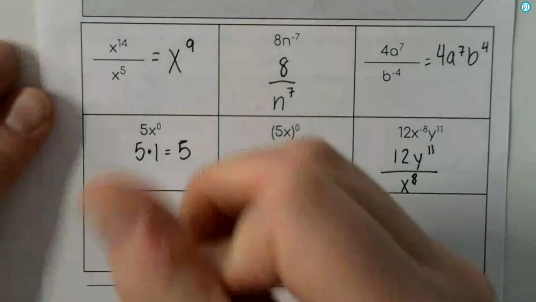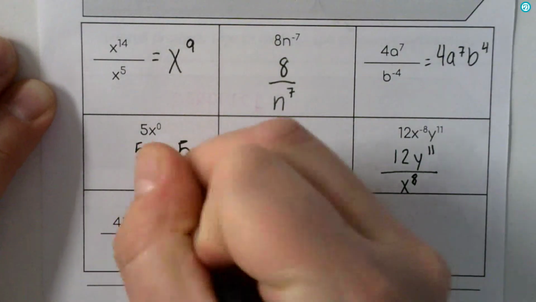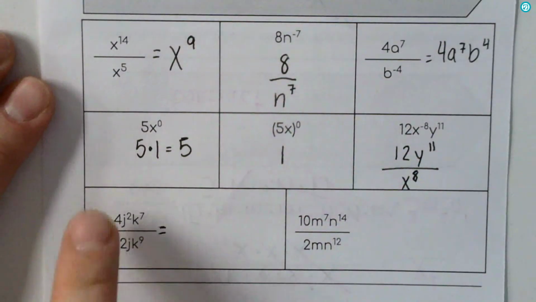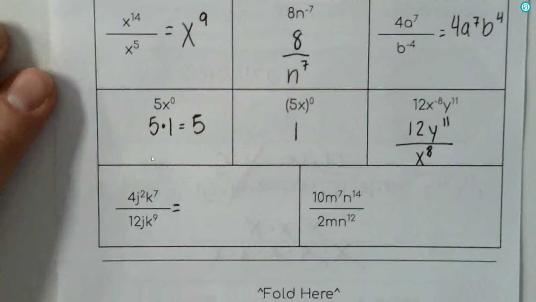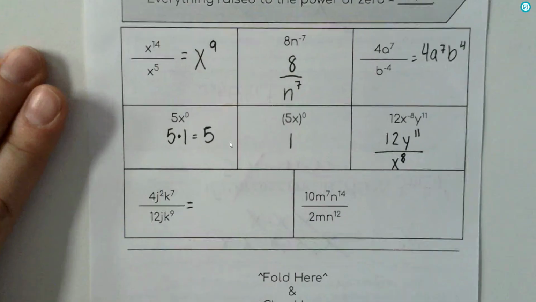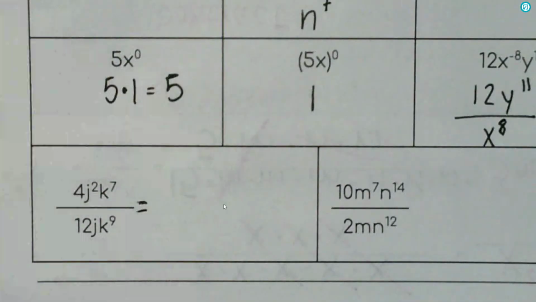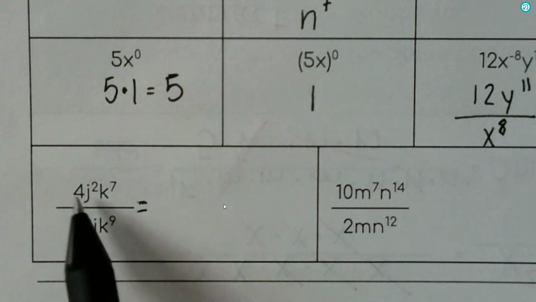So on this last one, or the second to last one, let's deal with the 4 over 12 first. 4 divided by 12 is going to give us a decimal. So we're going to reduce that because we don't want a decimal on top. 4 and 12, what can we divide both of those by? Okay, we can divide them both by 2.